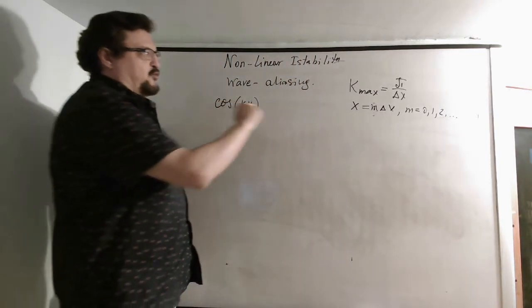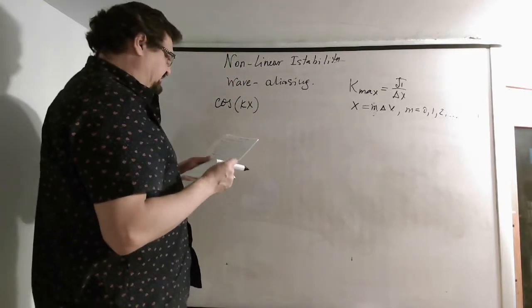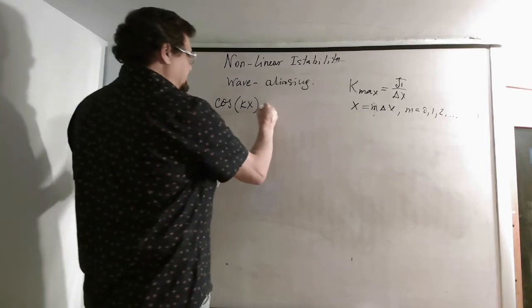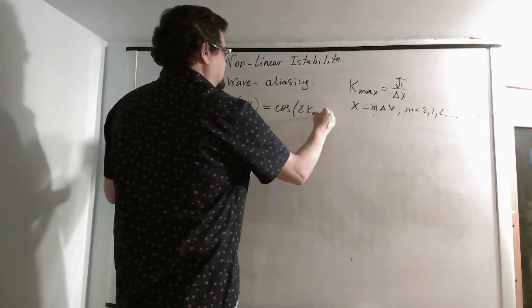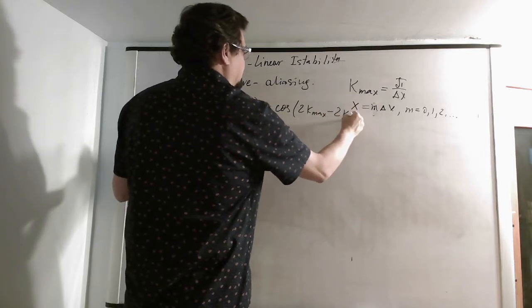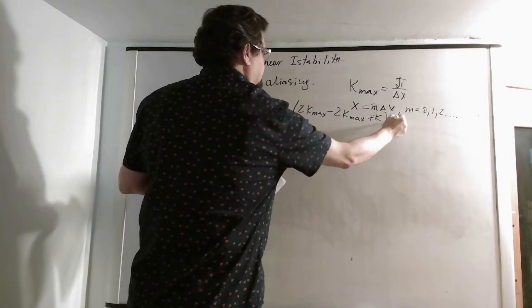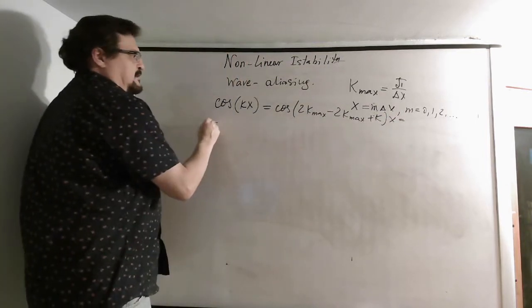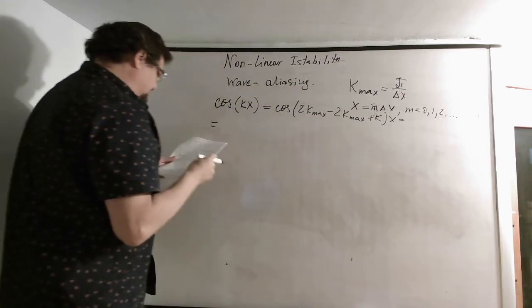This is our maximum wave number, k max, the maximum wave number that can be represented on this grid. So let's write the cosine as 2k max minus 2k max plus kx. We didn't change anything, we just added 2k max and subtracted 2k max.